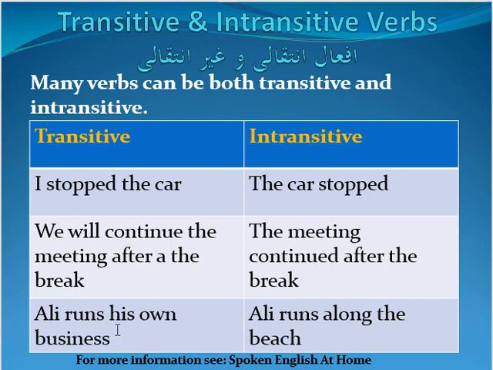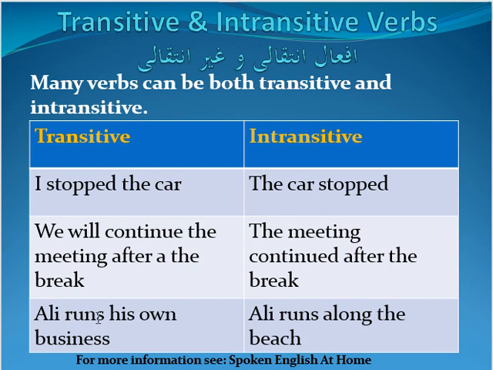Also there are some verbs which have different meanings and different usage. Sometimes because of their meaning, they can be either transitive or intransitive verbs, such as: Ali runs his own business. When we say Ali runs his own business, Ali is the subject, run is the verb, his own business is the direct object.